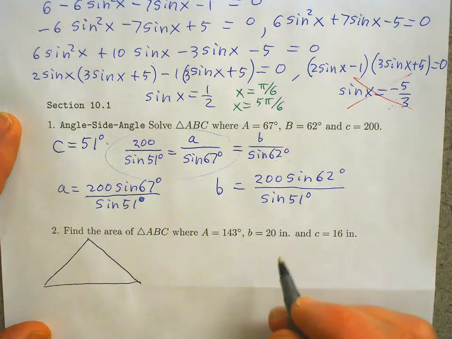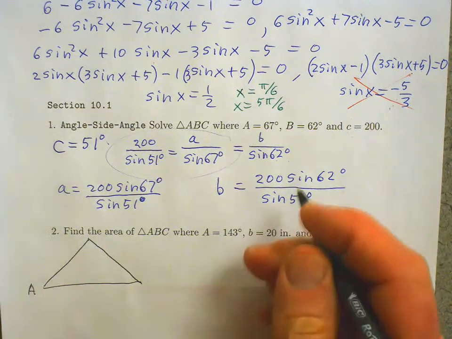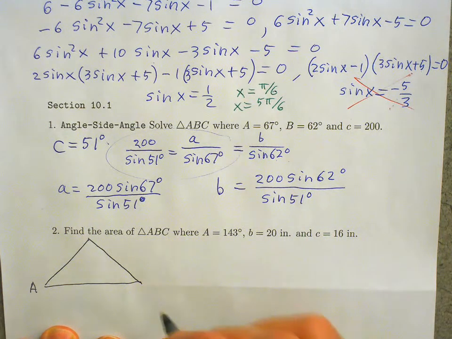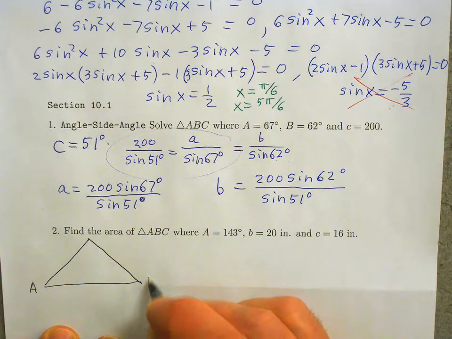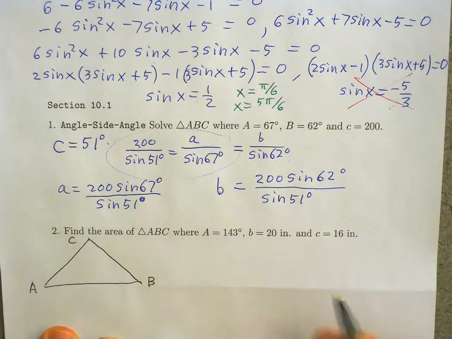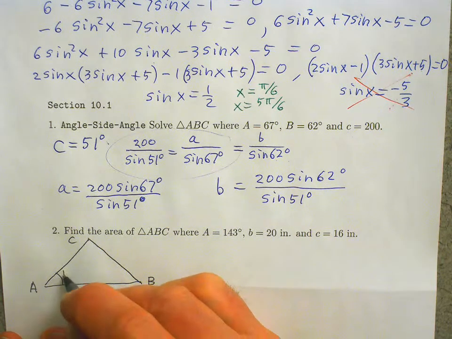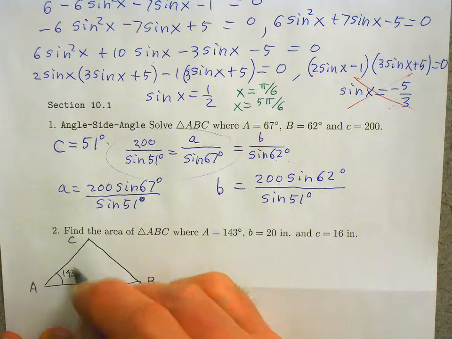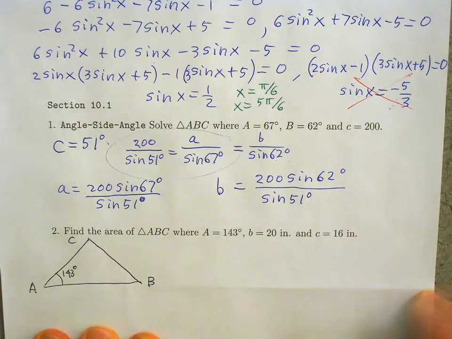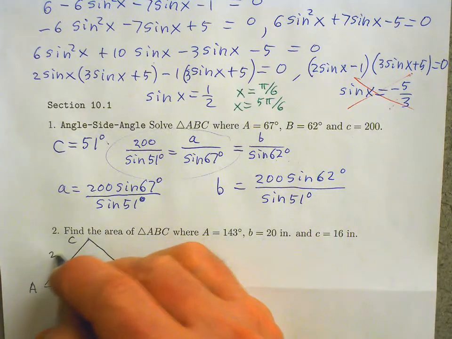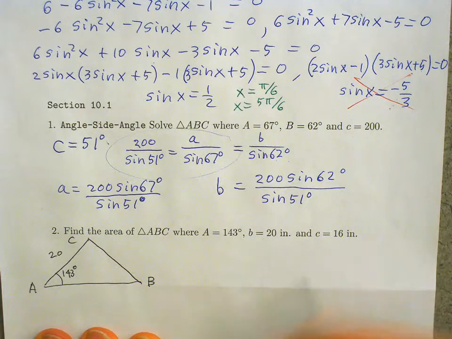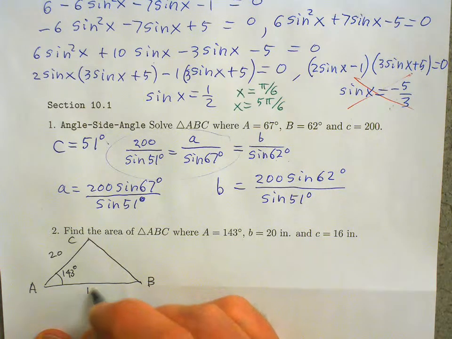Well, hopefully at the very least, you'll remember that the area of a triangle is 1/2 times the base times the height. So we're given, this doesn't look like 143 degrees, but we're just using it as an aid. Side B is 20 inches. Side C is 16.